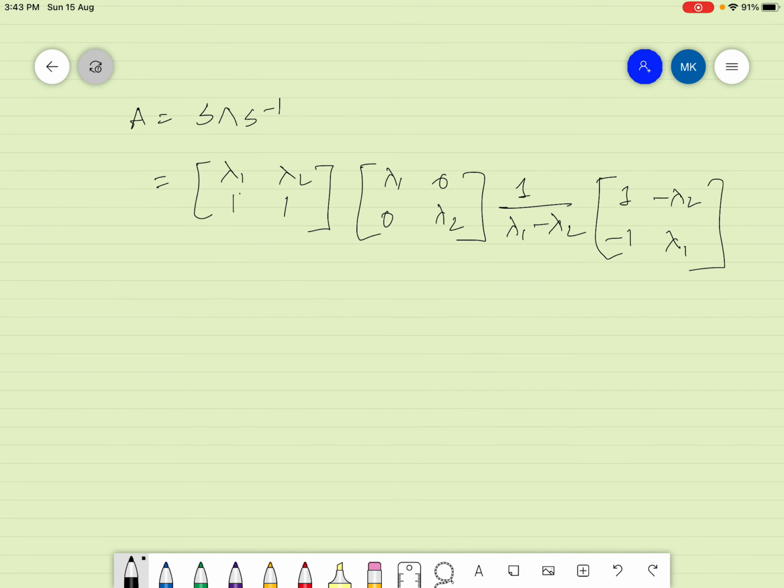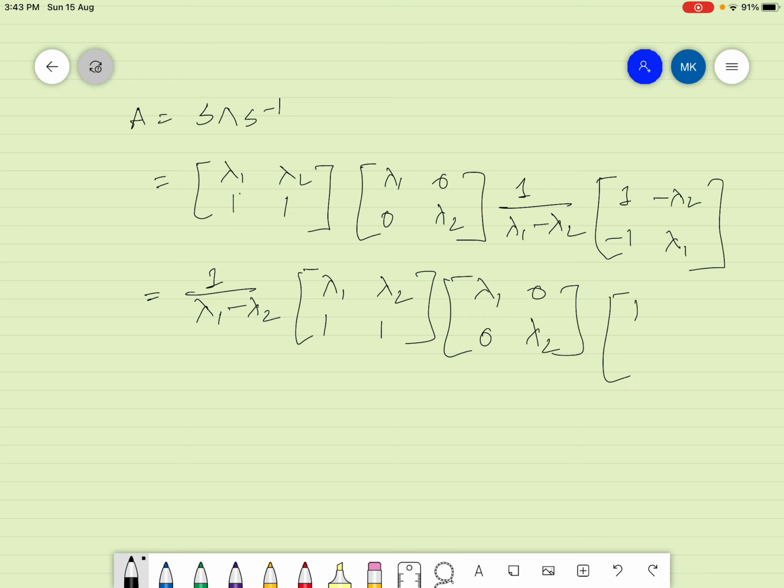Okay, so this is our A matrix formulated into diagonalization. So we have 1 divided by lambda 1 minus lambda 2, then [[lambda 1, lambda 2], [1, 1]], then [[lambda 1, 0], [0, lambda 2]], then [[1, negative lambda 2], [negative 1, lambda 1]].